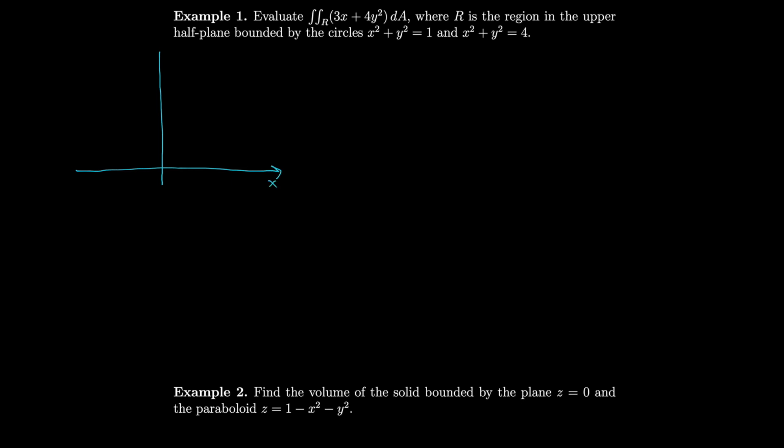So here's x and y, and let's put in x squared plus y squared is 1, so that's this circle of radius 1, but it's in the upper half plane, so it's a semicircle. And let's put in the circle of radius 2, that's when x squared plus y squared is 4.